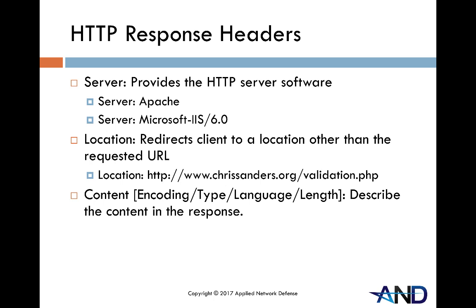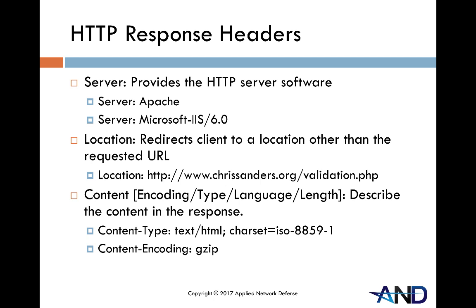You'll see things described like content type. Here we're describing that we're delivering a content type of text HTML, so HTML, hypertext markup language, a web page in this case, or content encoding. In this case, we're describing that the content we're transmitting is encoded via gzip, right? So that is compressed for more efficient communication. And if the client wants to be able to interpret that data, it's going to have to be able to deflate that gzip information.